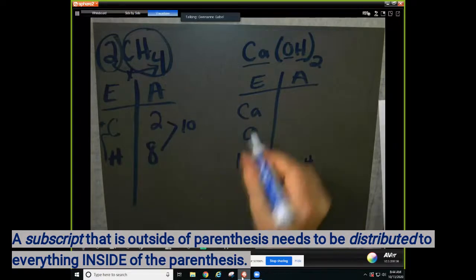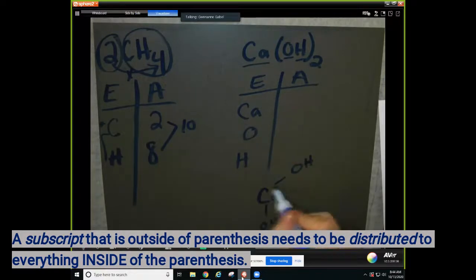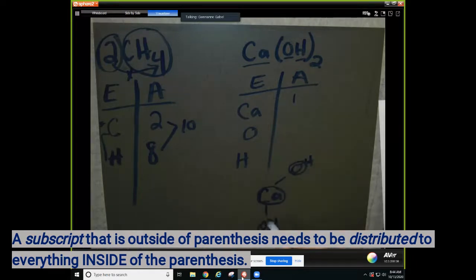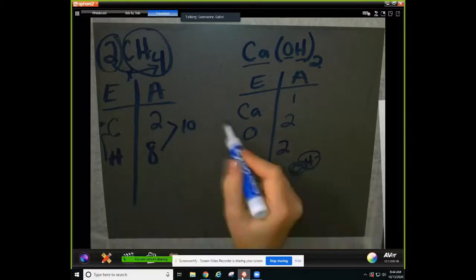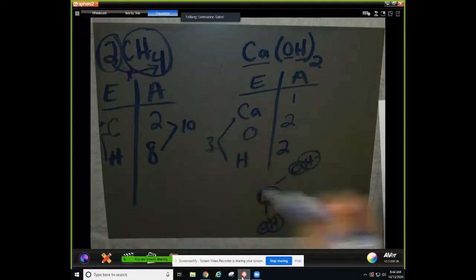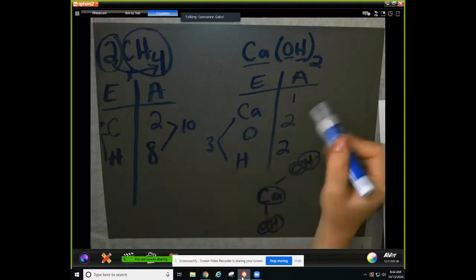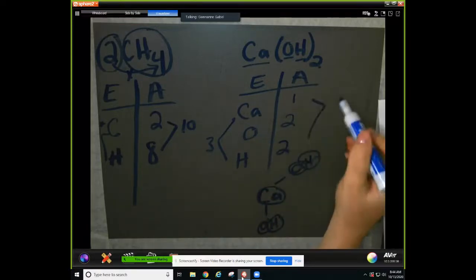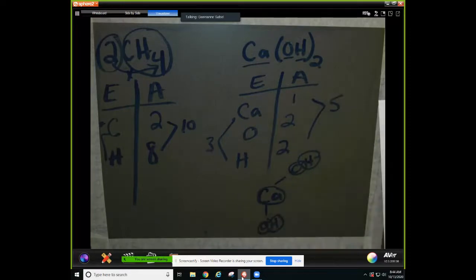Okay? So Ca, I have 1. Oxygen, I have 1, 2. Hydrogen, I have 1, 2. Okay? So I have 3 total elements, 1, 2, 3. And then I have 1 plus 2 plus 2, 5 total atoms. Okay?